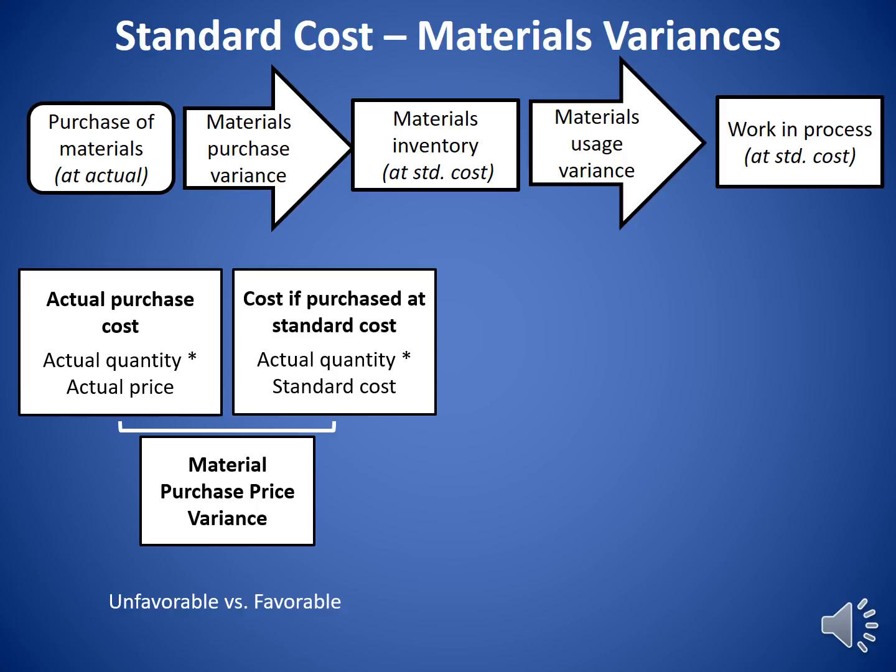And here's how it works. We look at our actual purchase cost, and we look at the cost if we purchased it at standard. So in effect, on the left side, that's what we actually spent. On the right side, that is what we expected to spend. So if the actual cost itself is higher than we expected to spend, that would be an unfavorable variance because we spent more than we expected.